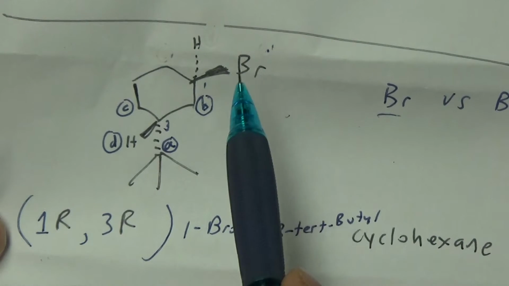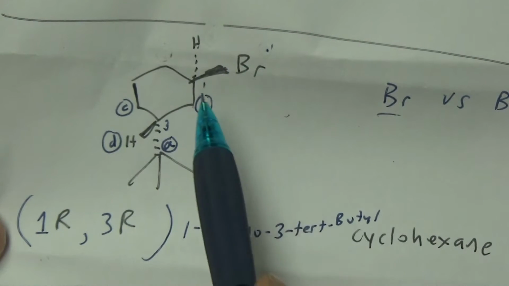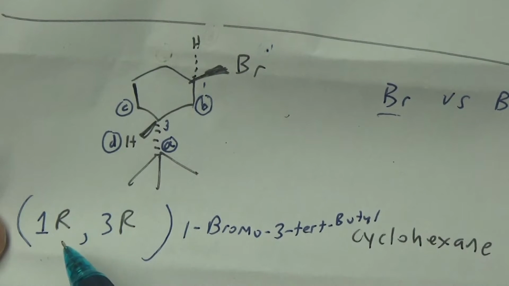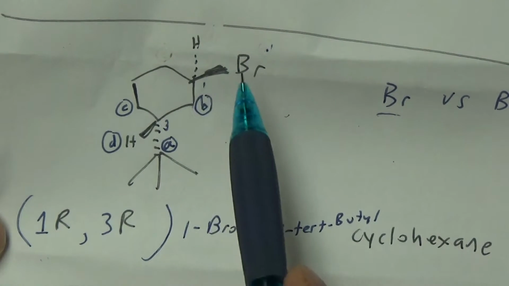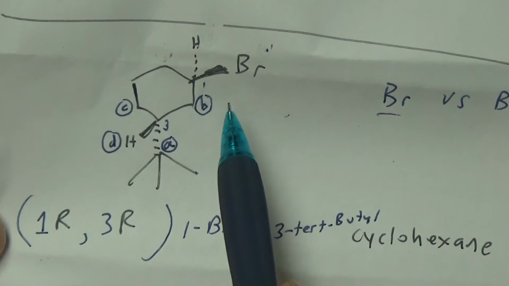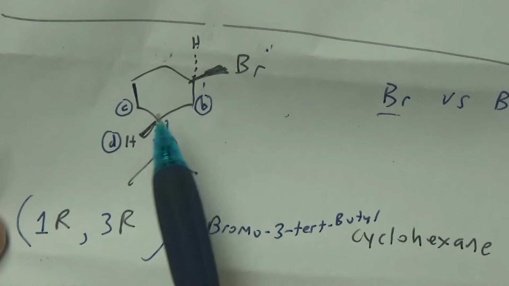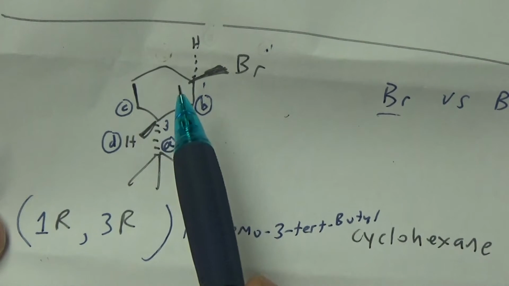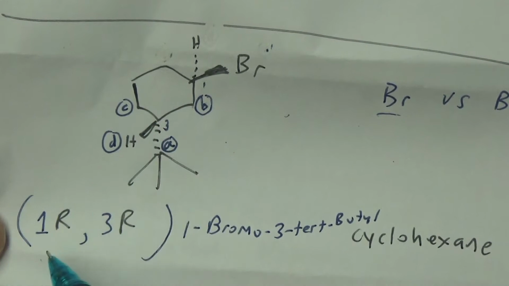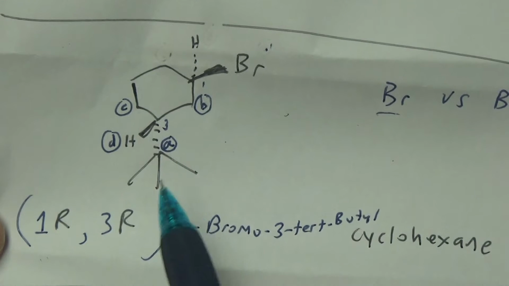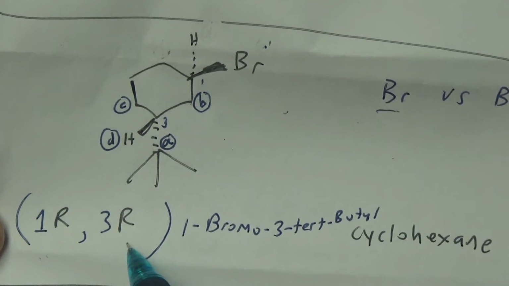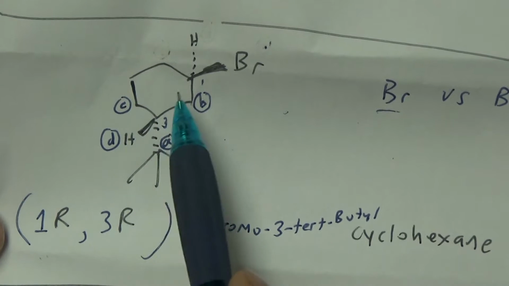Reviewing from last lecture, I first assigned this with its A, B, C, and D's, and I got R when I did that. But then I erased all of that, the A, B, C, and D, because it's going to get in the way of the other one, right? So we did the careful determination that it's R on number 1, and then we determined that carbon 3 was R also.